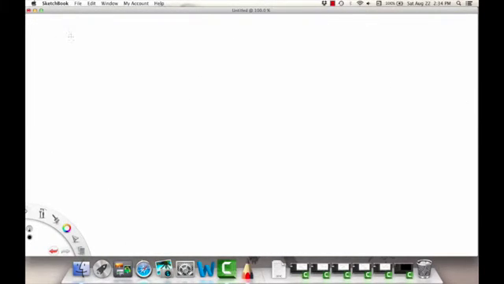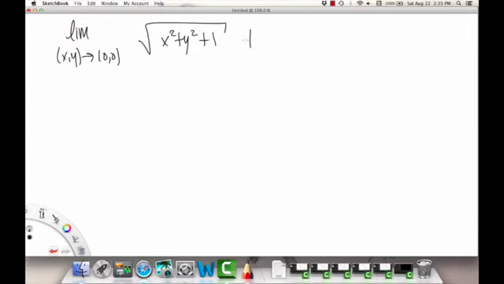So we have the limit as (x,y) goes to (0,0) of the square root of x squared plus y squared plus 1, and then plus another 1 outside. We notice that this rewritten form of f(x,y) is continuous at (0,0), which means we can do direct substitution now.